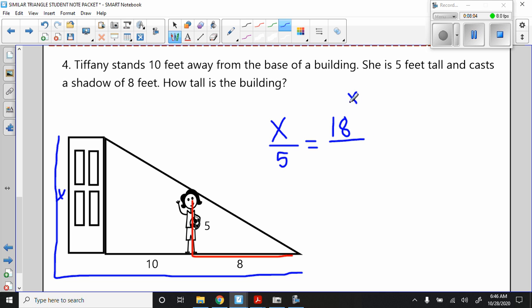This is the only hard part about this problem, making sure you add the entire bottom. And then the entire bottom of the small triangle would be 8. Then you cross multiply and you get the height of your building. All right, so there is your word problem video.